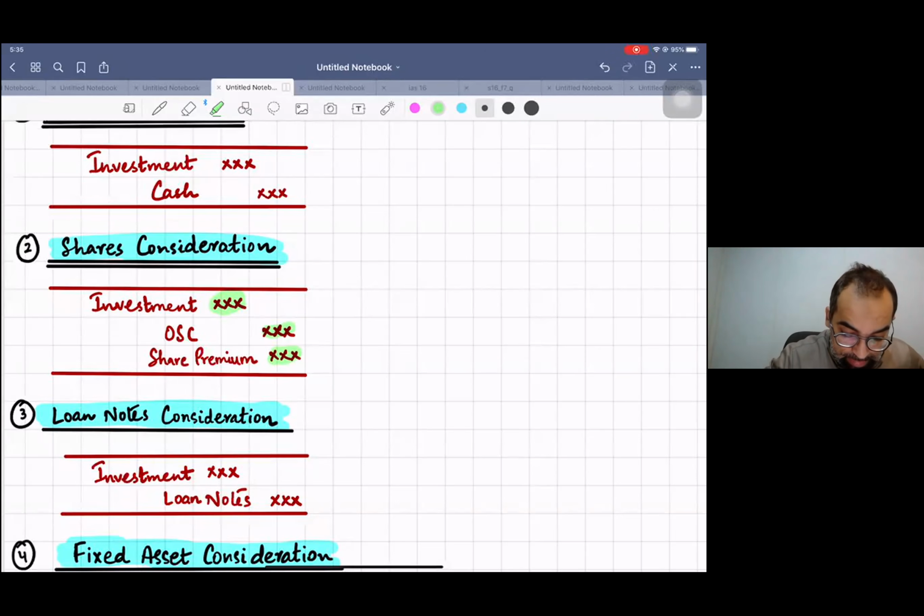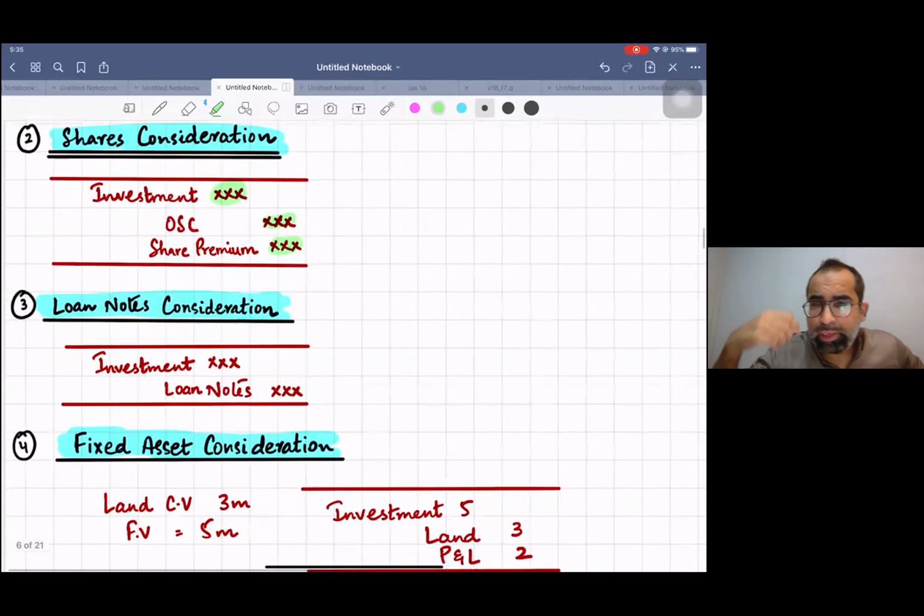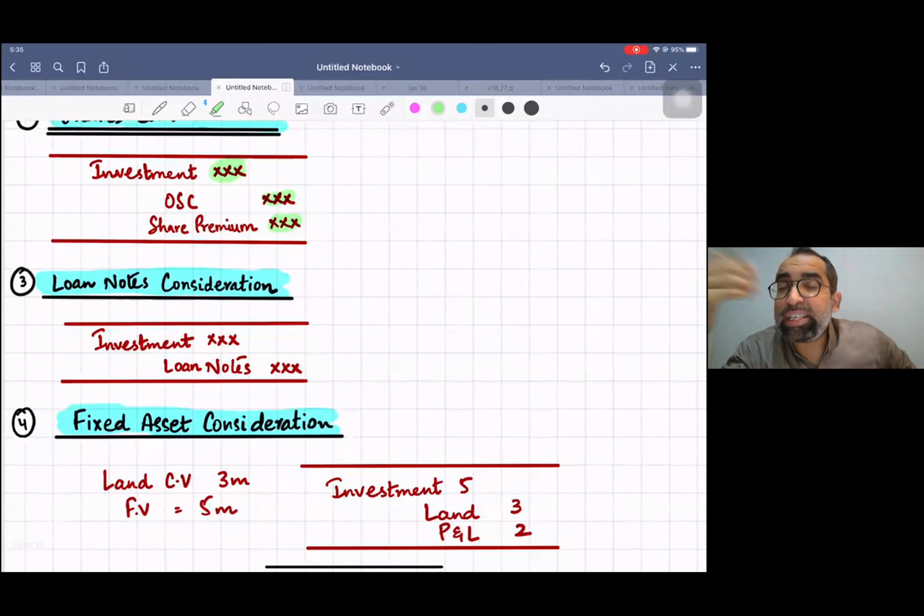Okay. The third style of consideration is loan note consideration. Sometimes it happens that when the parent company buys shares of S company, in return the parent company issues its own loan notes, right?